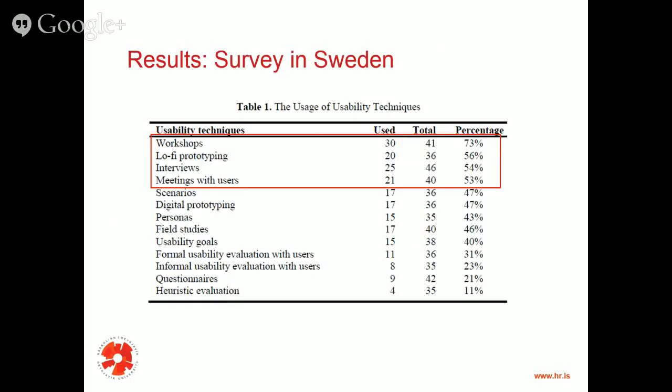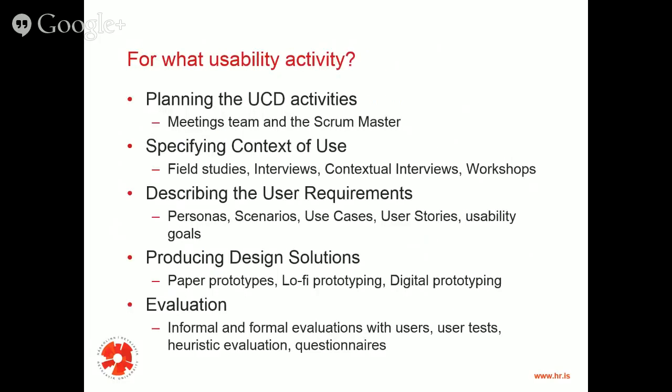Yeah, so this was the frequency. And we also asked them, when you use the methods, what do you use them for? When they were planning the usability activities, they were meeting the team and the Scrum Master.